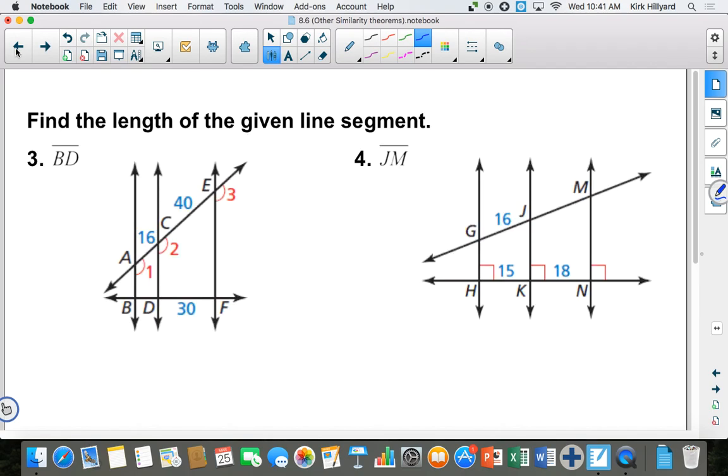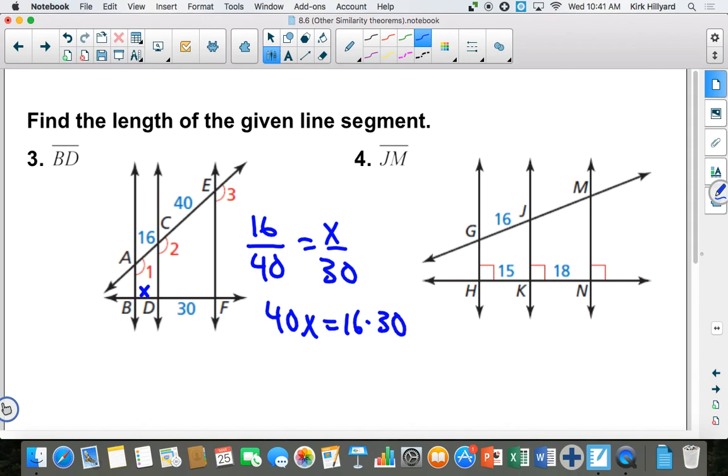All right. Here's one more similar to that. Find the length of the given segment. So they want you to find BD. So they want you to find x right here. So to set this up, you'd go 16 over 40 equals x over 30. And then you would cross multiply, 40x equals 16 times 30, and solve that one. This one right here, they want you to find JM, so we go 16 over x equals 15 over 18.